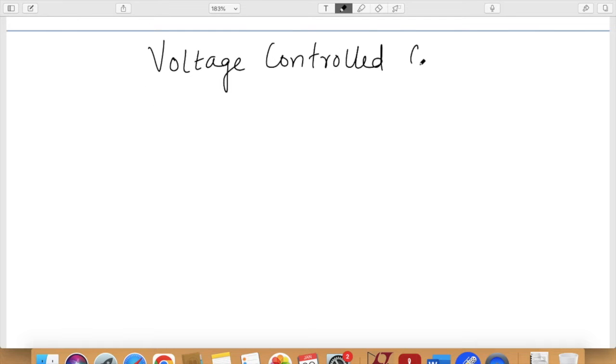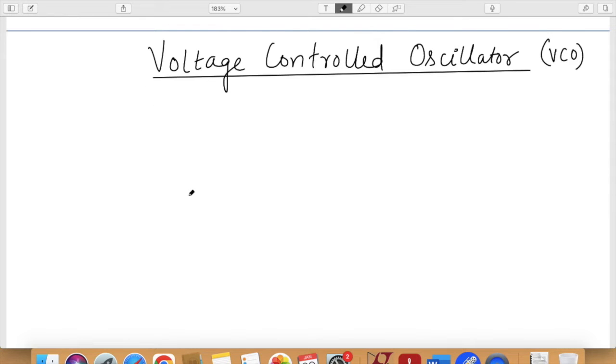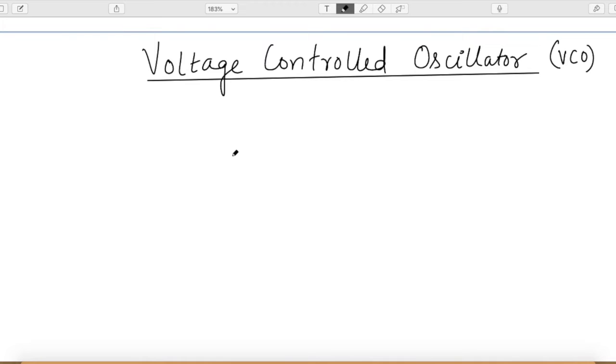The next important block of a PLL is the VCO, or the voltage controlled oscillator. As the name suggests, it is an oscillator which is controlled by the voltage.